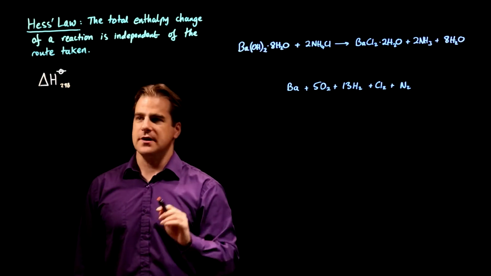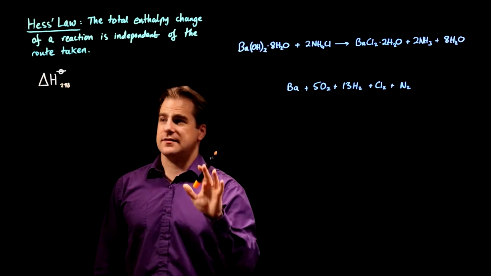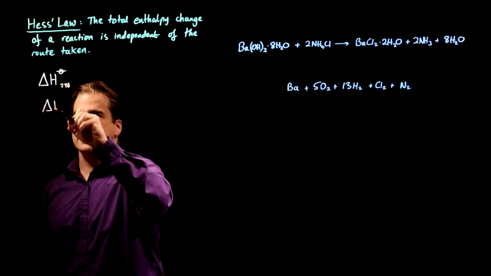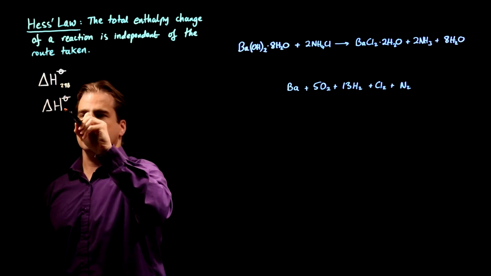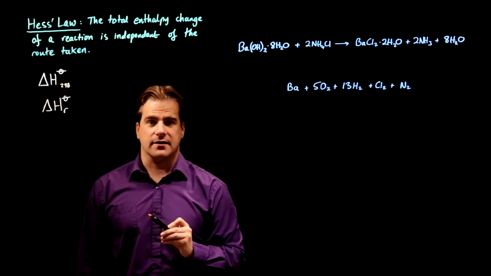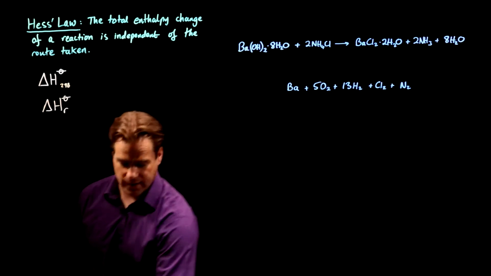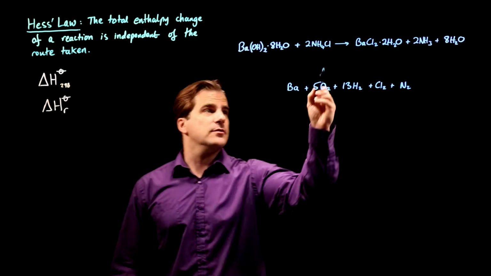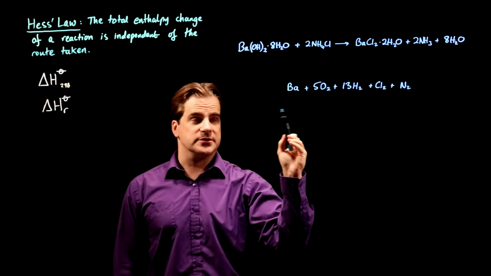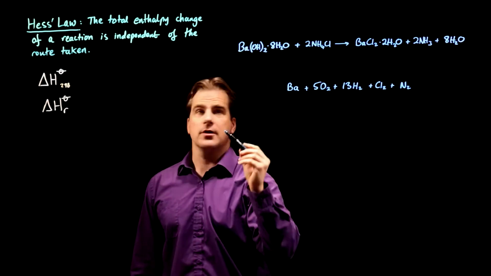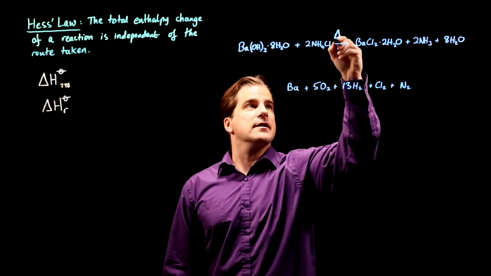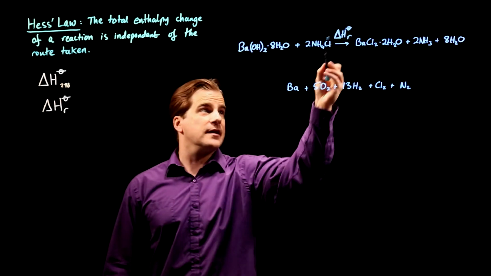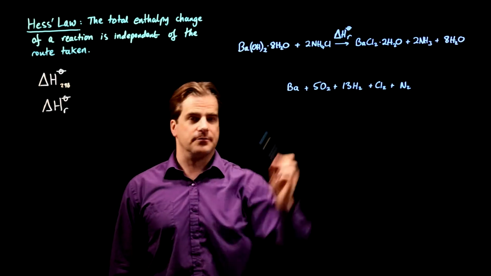Anyway, the next bit is that there are different types of delta H. There's the delta H of a reaction, which is written like that. So I've rewritten the endothermic reaction example we had earlier here. So the delta H for that reaction, which is plus 133 kilojoules per mole, would be written here as delta H R, because it's the delta H of the actual chemical reaction.